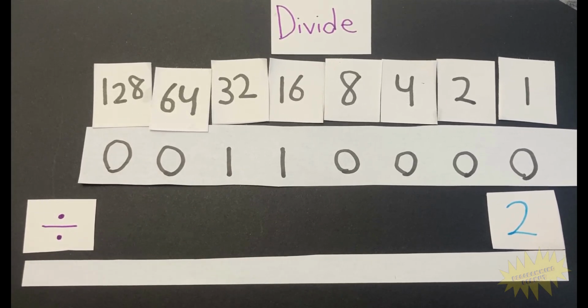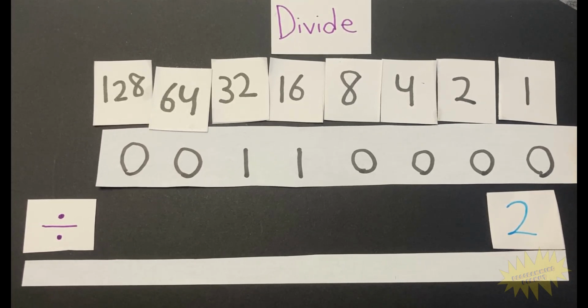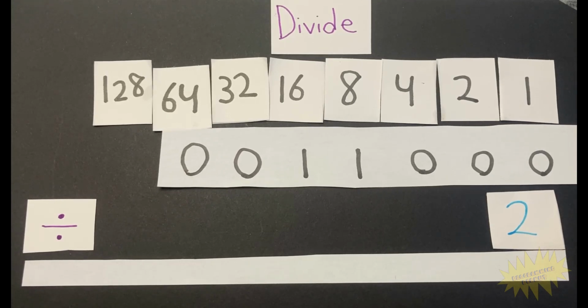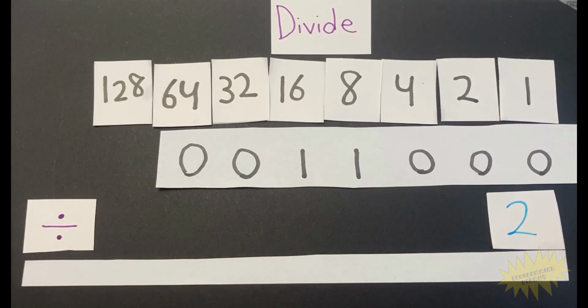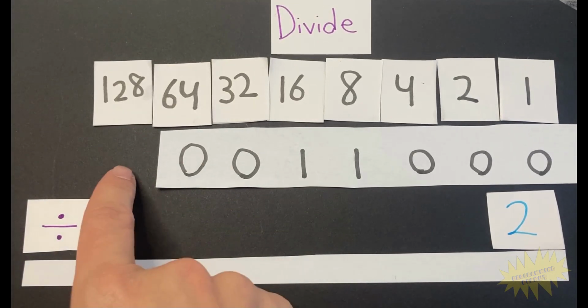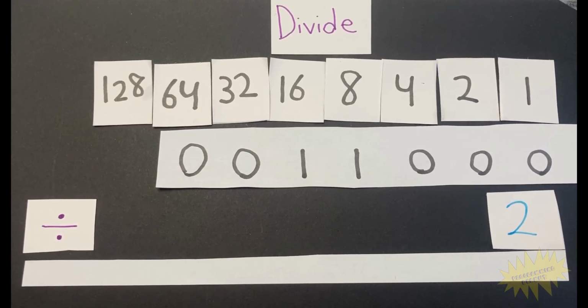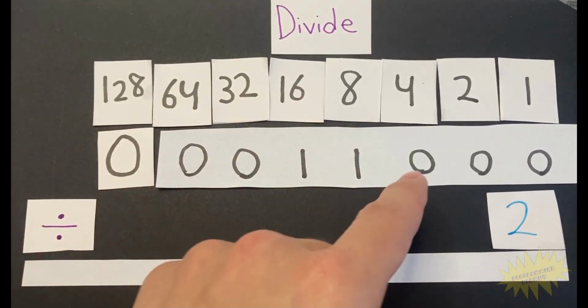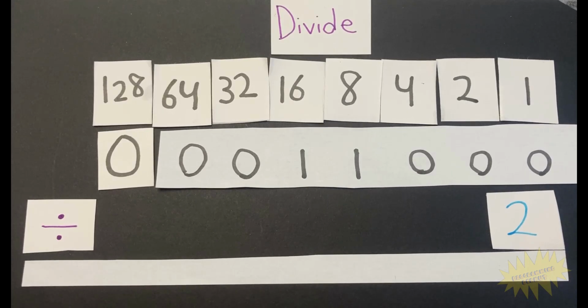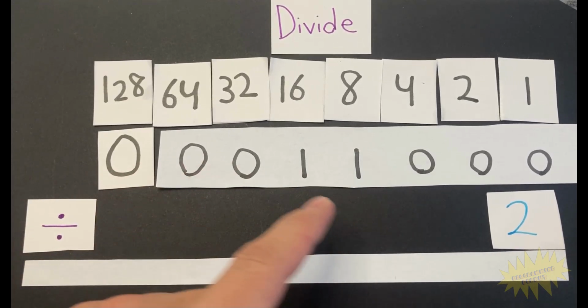Now, when we want to divide by 2, all you have to do is shift these bits over to the right, like that. So every time you want to divide by 2, you move it over to the right by 1 bit. You'll notice that this space is empty here, so we can just place a 0 there. And now look at the exponents and see which ones are turned on and which ones are turned off, and then you will have your answer.